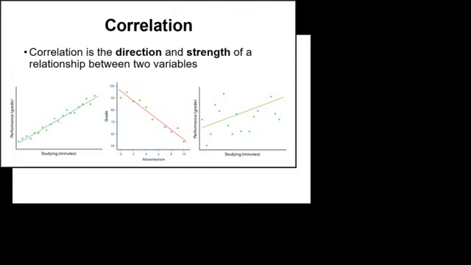And so when we talk about correlations, we can actually quantify it. And correlation is going to talk about the direction and the strength of the relationship between two variables. So for our graphs here, the first one looks at studying on our x-axis and performance, their grade, on the y-axis. And if you logically think about those two things, we might assume that they are positively correlated.